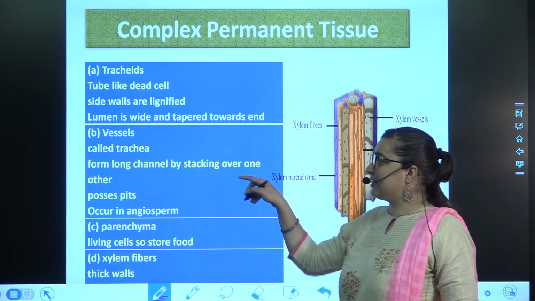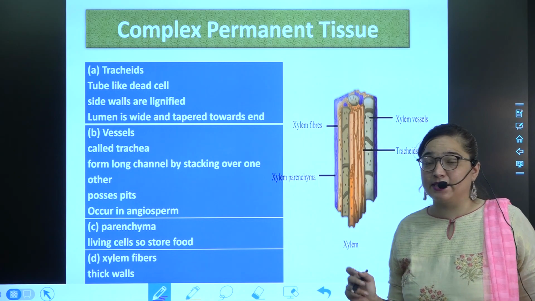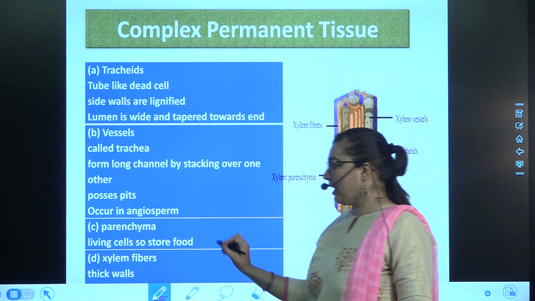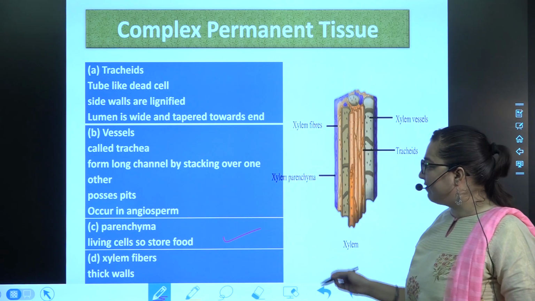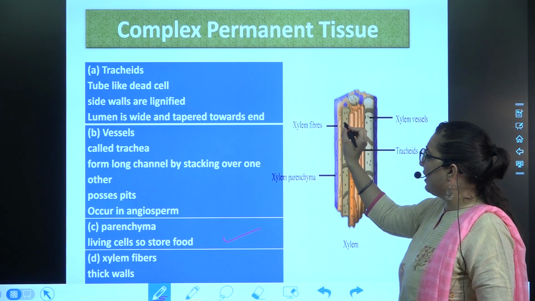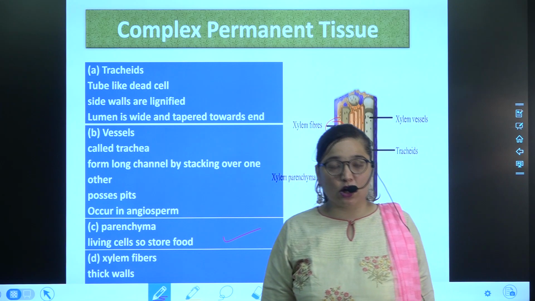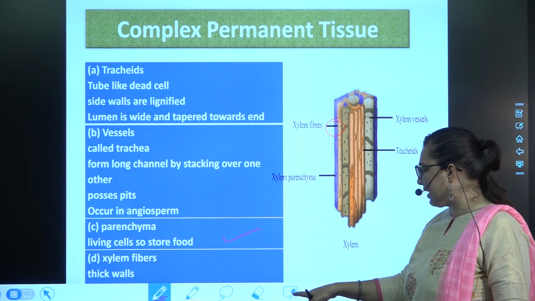Vessels are stacked one over the other and possess pits. Where do they occur? In angiosperms. Parenchyma are the only living cells, which store food. Xylem fibers form the thick walls. So these are the points we had already discussed about the xylem.